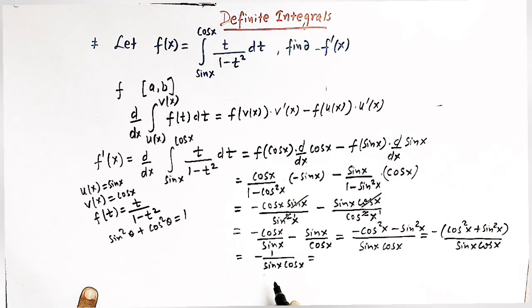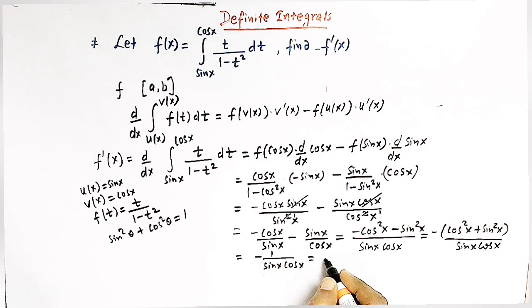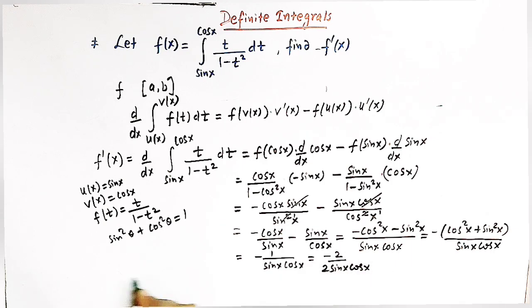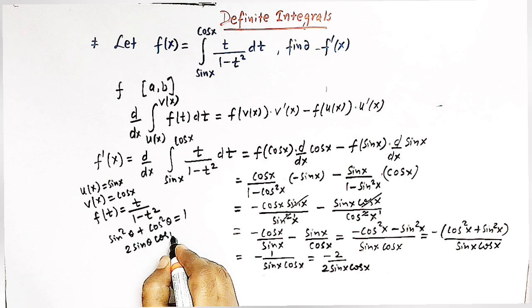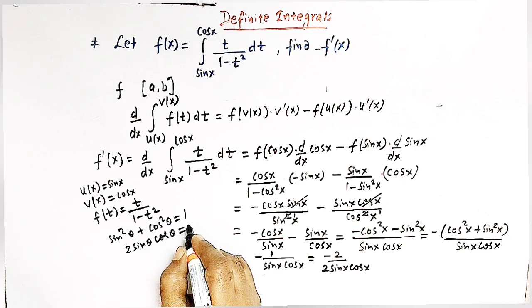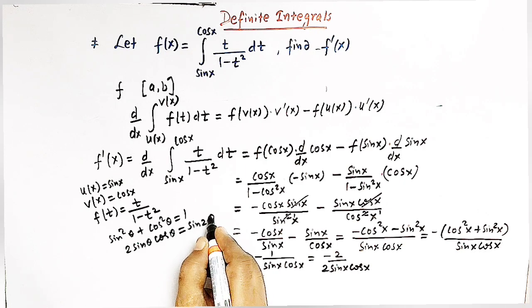Okay, so now let us again simplify it by multiplying the numerator and denominator by 2. So we can now write minus 2 over 2 sine x cosine x, and again from trigonometry we know that 2 sine theta cosine theta is given by sine 2 theta, right?